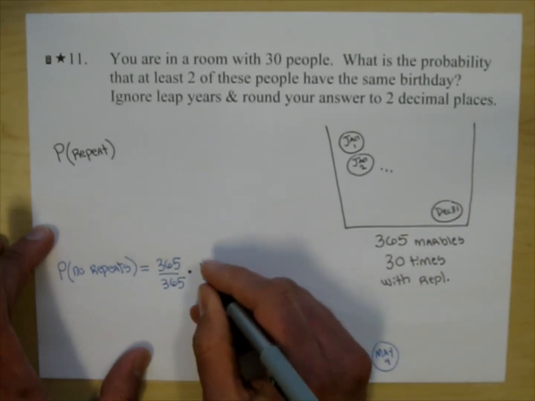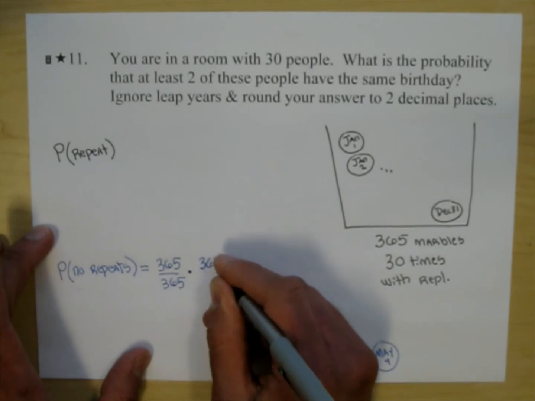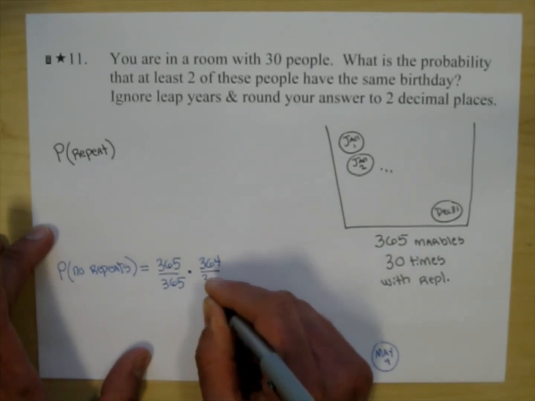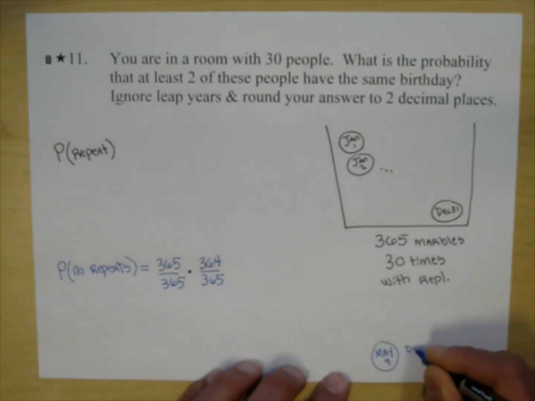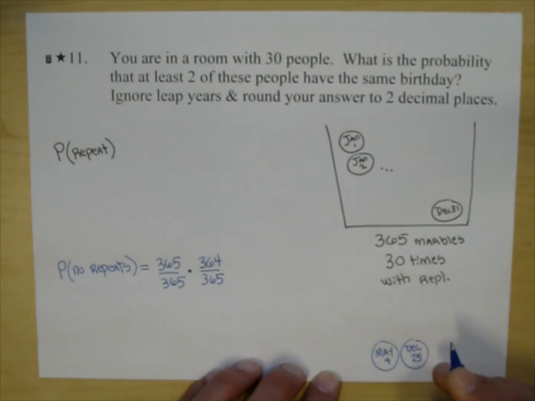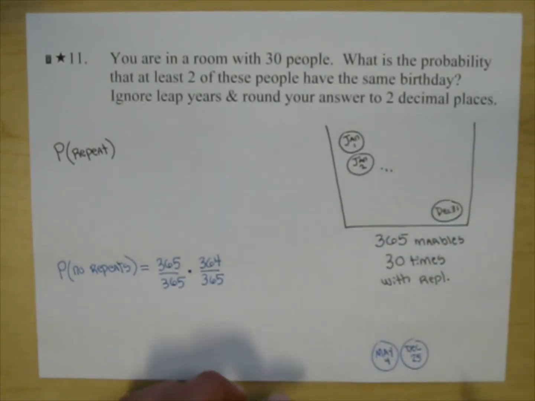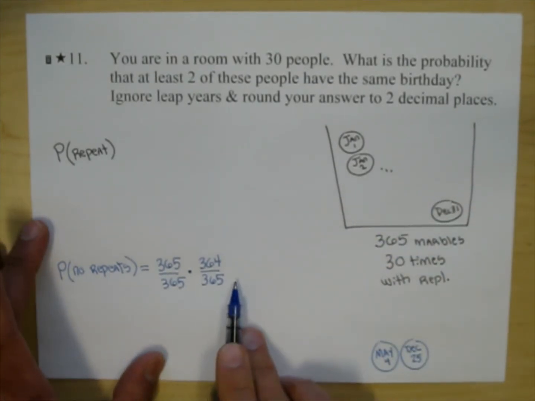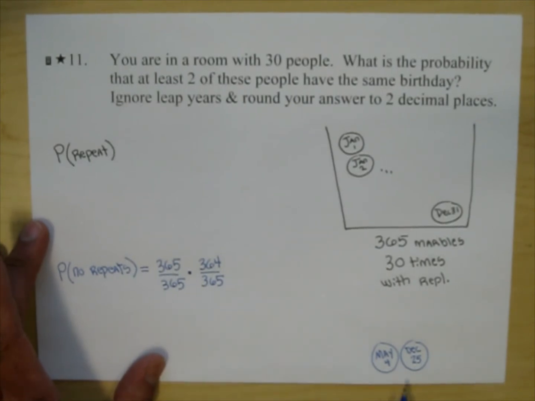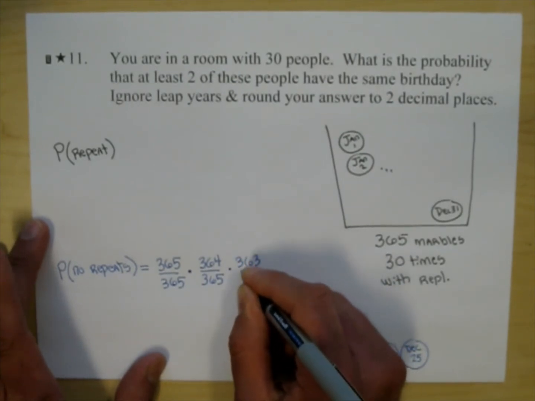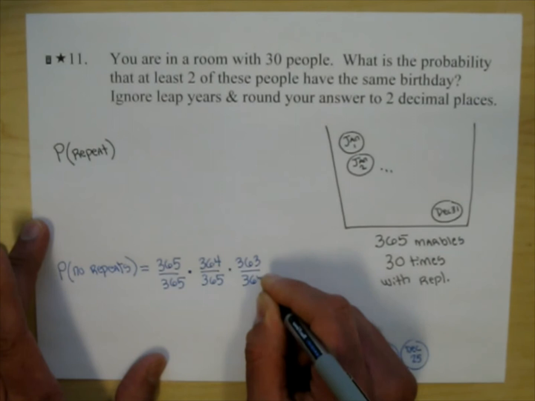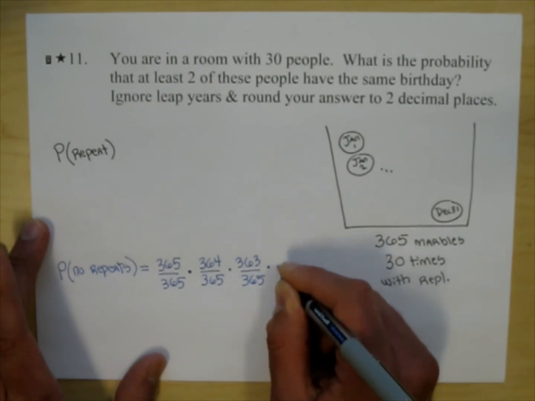So the probability of that happening would be 364 out of 365. So let's say the next marble I pulled out of the box was December 25th. Pull that marble out, put it back in. That would mean that the next time I pull the marble out of the box, it could not be those dates there. So that would be 363 over 365. And so on.